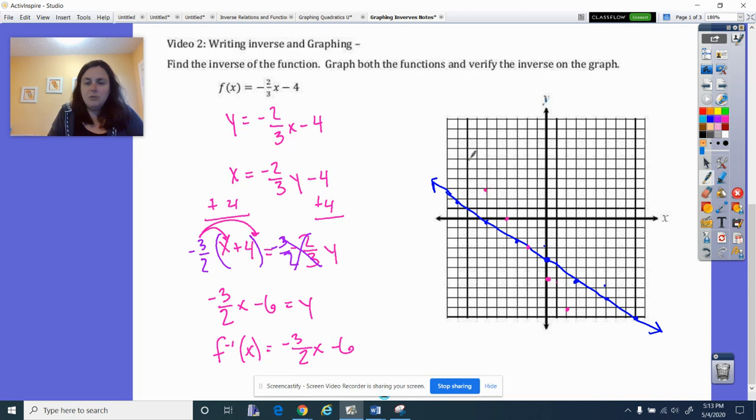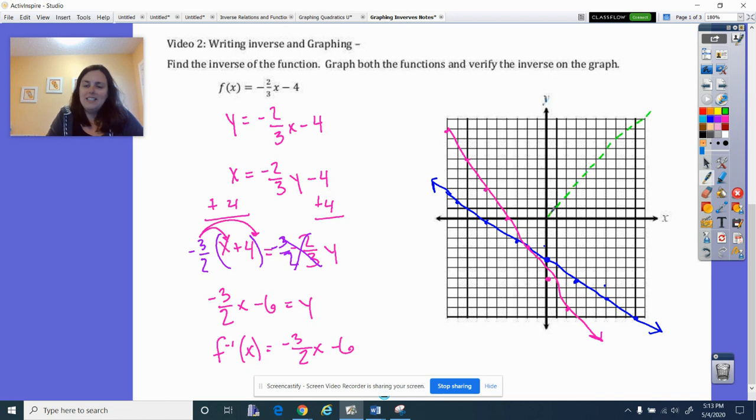I'm just going to keep doing this because it's going to be really hard for me to draw a line otherwise. So here, what I'm doing is I'm just drawing that. It's a terrible straight line. I'm sorry about that.